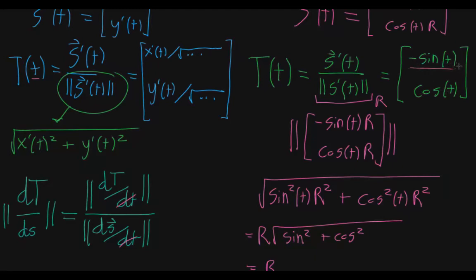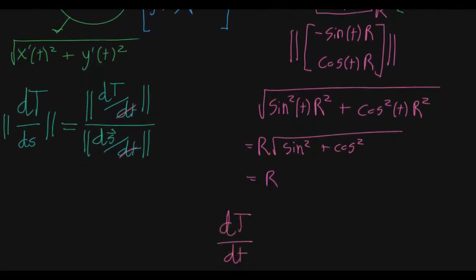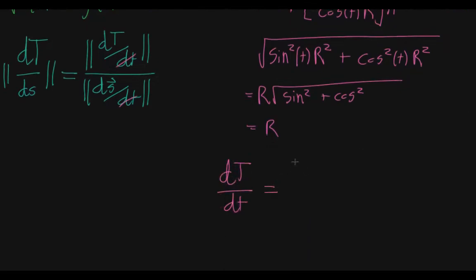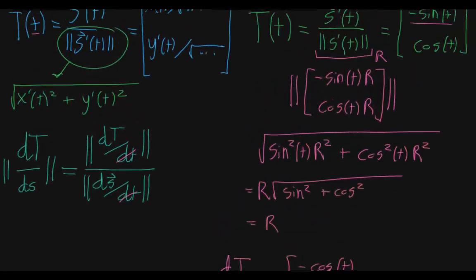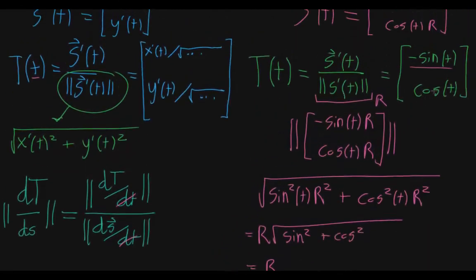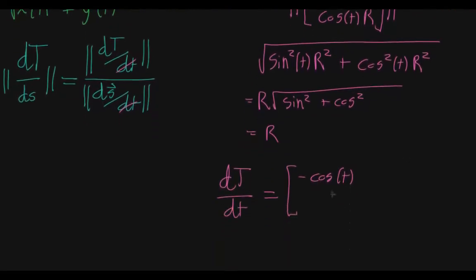So the derivative of negative sine of t is negative cosine. So over here, this should look like negative cosine of t. And the other component, the y component, the derivative of cosine t, as we're differentiating our unit tangent vector function, is negative sine of t.